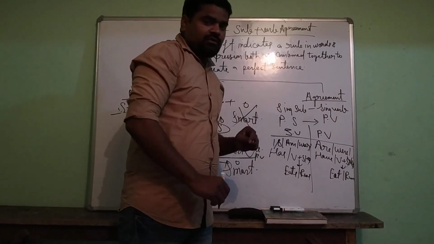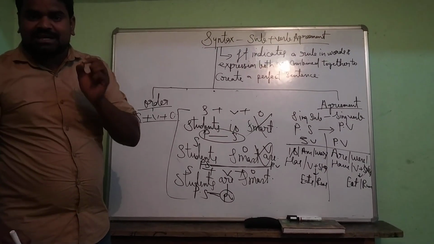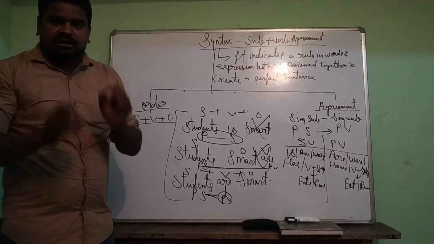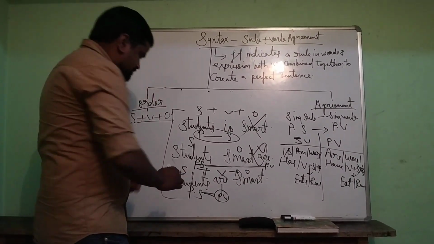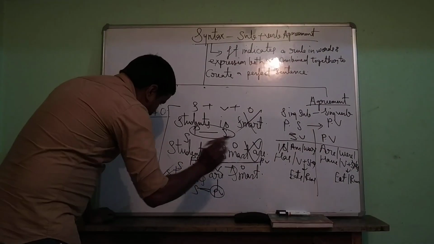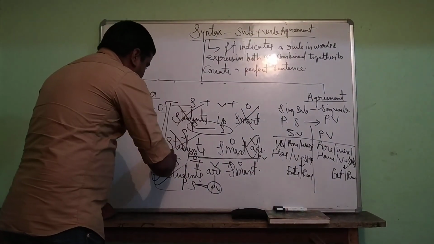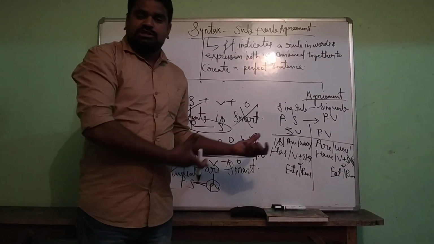Here order and agreement both are 100% correct. That's why this sentence is 100% perfect, while the other two sentences are 100% wrong because of order and agreement. So this is the point.